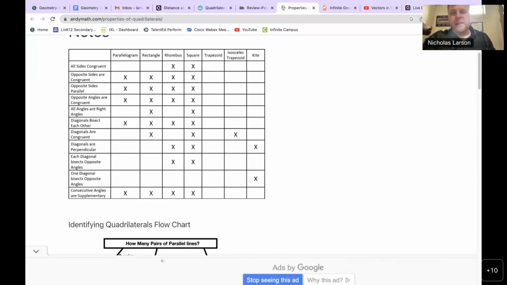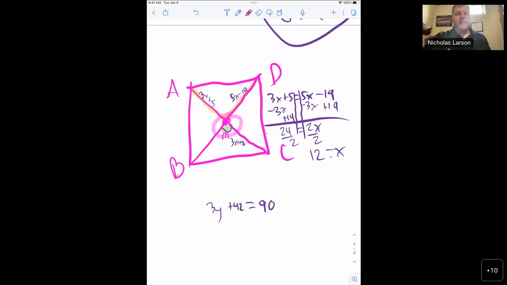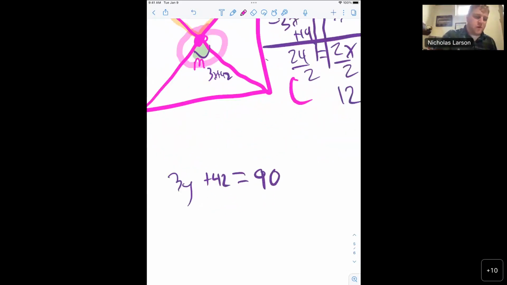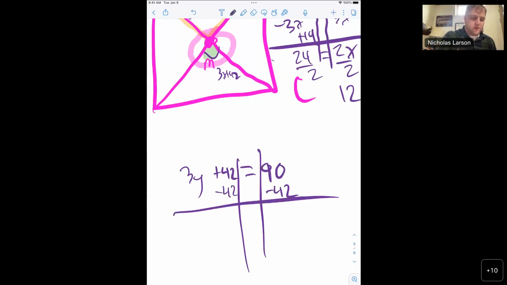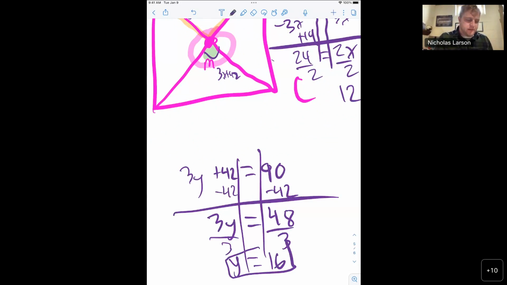That's the piece I need, because perpendicular means meets at 90 degrees. That's a word we've been using since almost the first day of geometry. So again, two-step equation, subtract 42, 3y equals 48. And when we divide by 3 on both sides, we get y equal to 16.